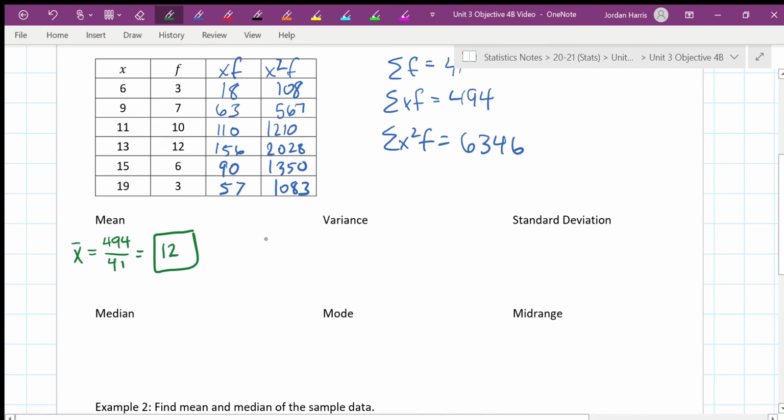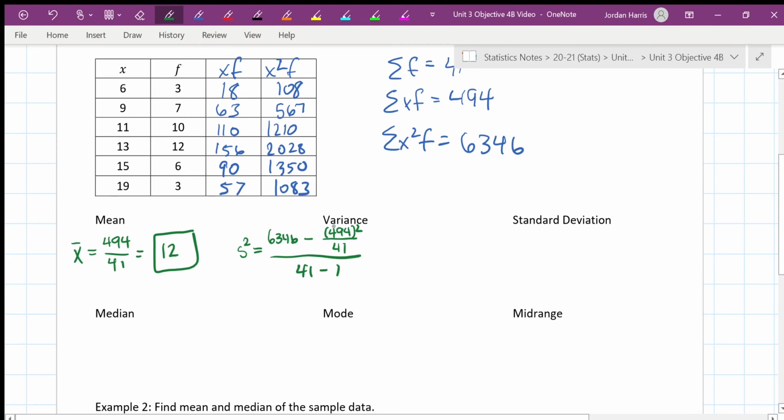Variance, okay, make sure you have the correct symbol here. So that's s squared, because it's sample variance. So that's 6,346, minus 494 squared, all over the frequency, 41, all over the frequency minus 1, because we have that correction factor for samples.